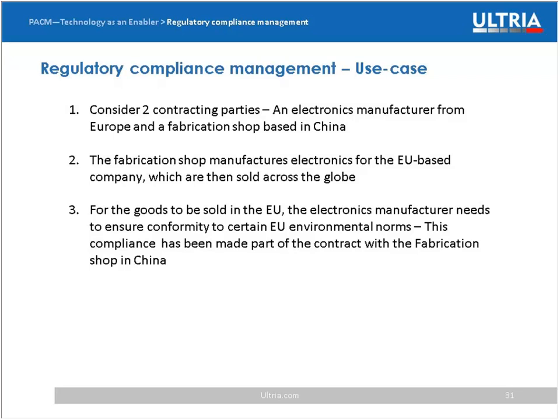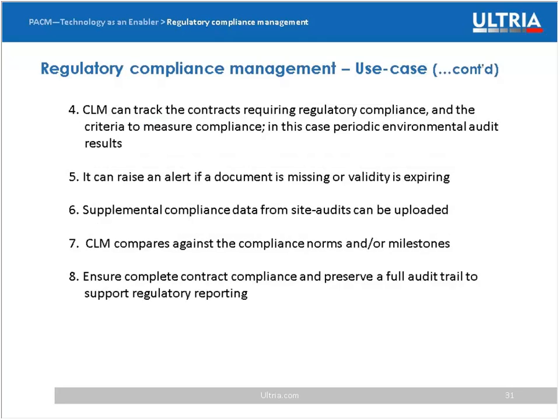And the offshore shop may not have the same rules, regs, or environmental laws, as you might guess, just going from country to country. In order to ensure this, the CLM will track the contract, any required regulatory compliance filings as per the contract, the criteria to measure compliance, right?